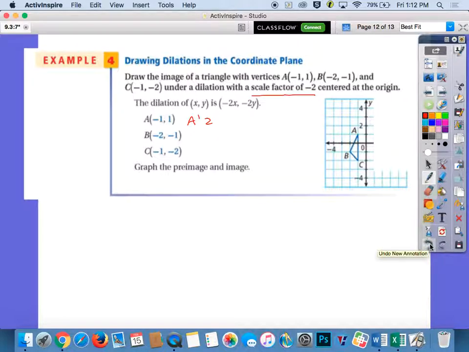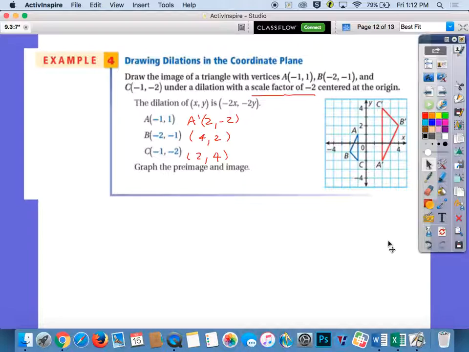Then 4, 2, and 2, 4. Here's what your drawing looks like. You can see that it is rotated 180 degrees. In this case it rotated clockwise, but that's just because of where our original shape was oriented. And you can see how it enlarged it as well.